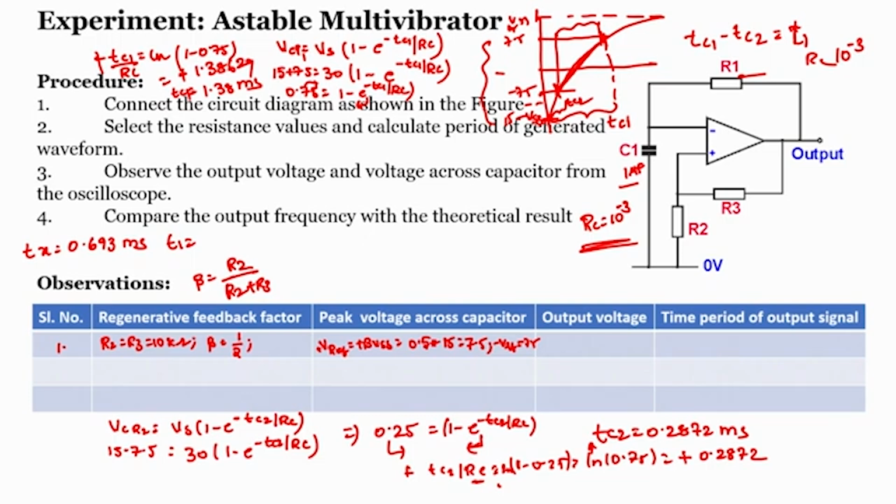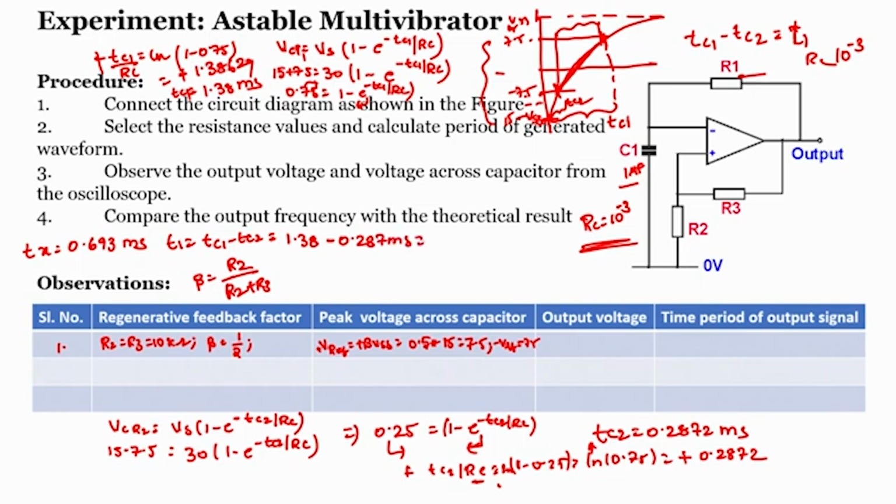the time taken for the capacitor from minus 15 to plus 7.5 volts is 1.38 millisecond. But I need the time taken for the capacitor from minus 7.5 to plus 7.5. If I want to do that, it is nothing but Tc1 minus Tc2, which is 1.38 milliseconds minus 0.287 milliseconds, right. The values also make sense.